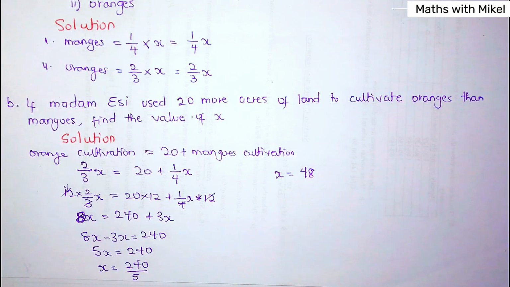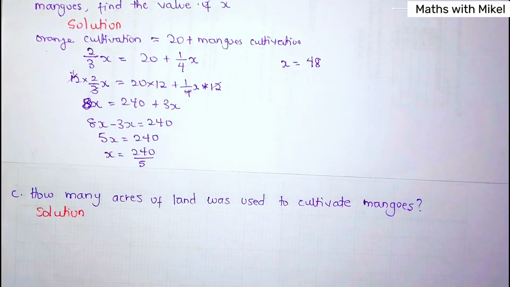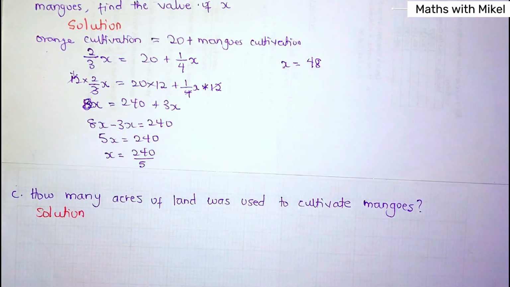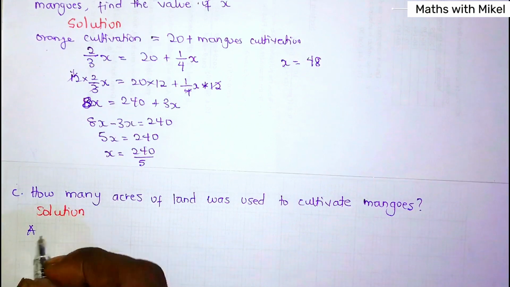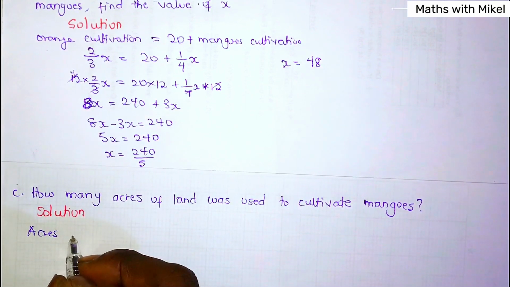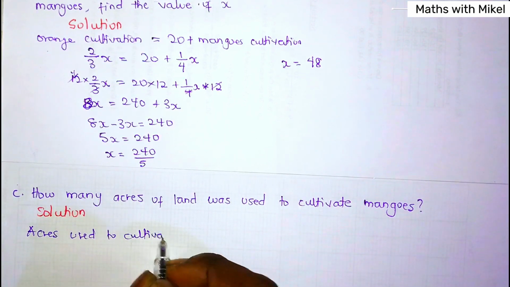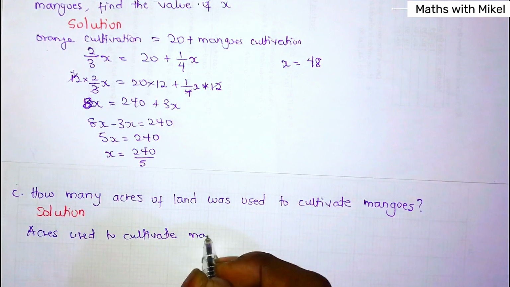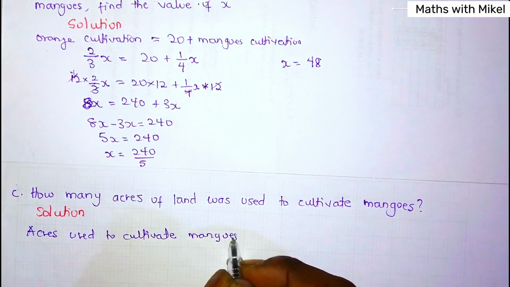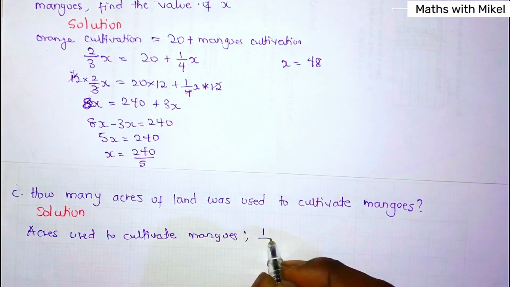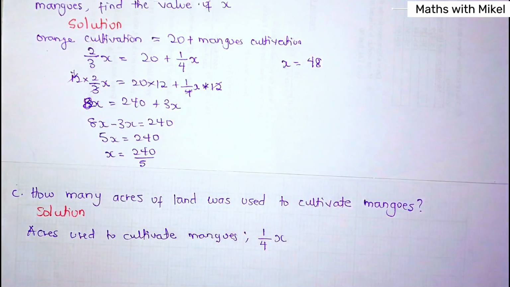Now the C says, how many acres of land was used to cultivate mangoes? So, solution. Acres used to cultivate mangoes, we know that to be equal to 1 over 4x.